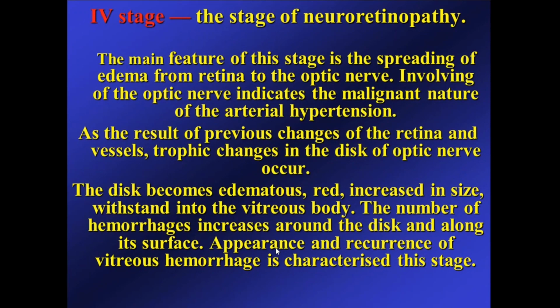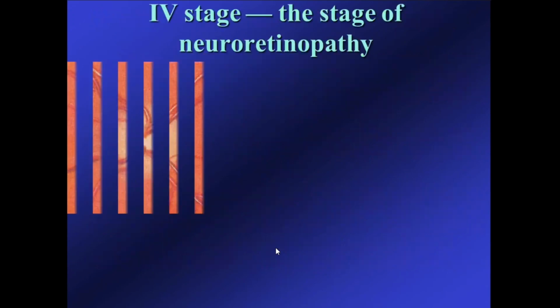We can see during examination of the patient that the disc of the optic nerve becomes edematous, red, increased in size, and we can see the hemorrhage around the disc. And when we see such a picture, we should say that it's a very severe arterial hypertension.